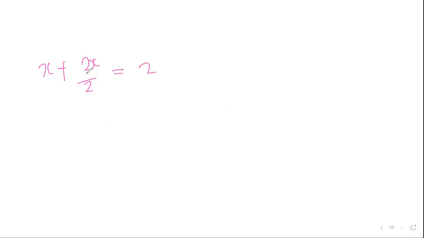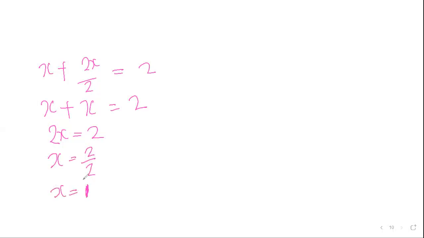When we divide 2 by 2, we have x plus x equal to 2. And then x plus x is 2x equal to 2. Then our x is equal to 2 divided by 2, and our x will be equal to 1. That is the value that we're going to get for x.